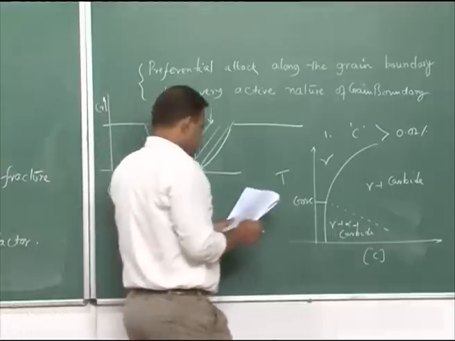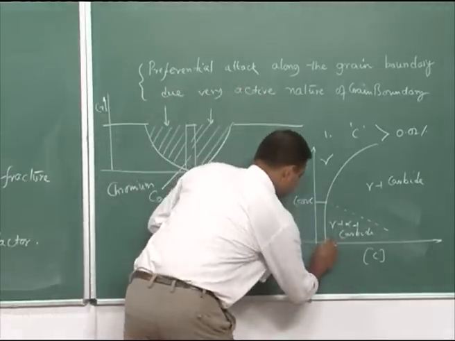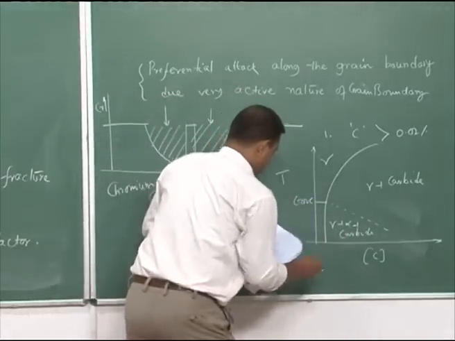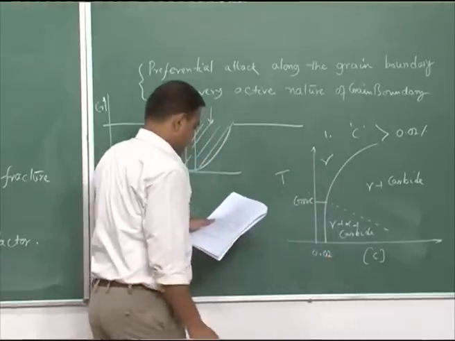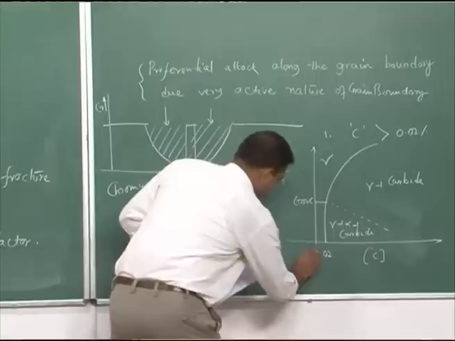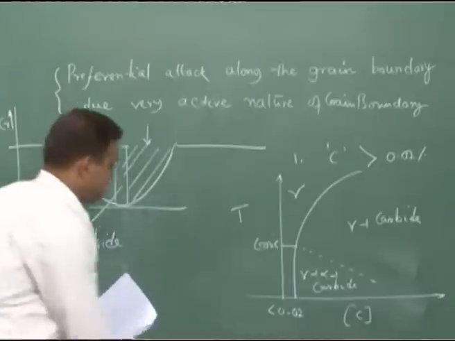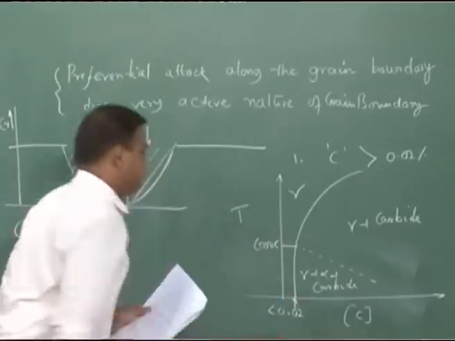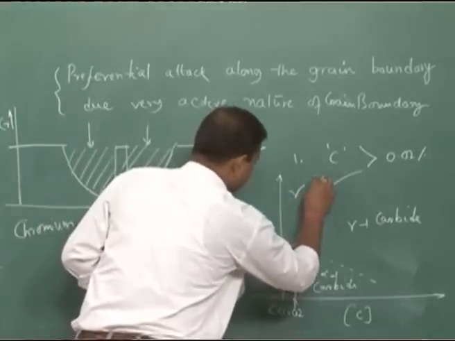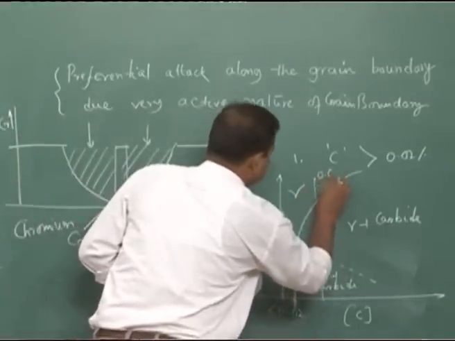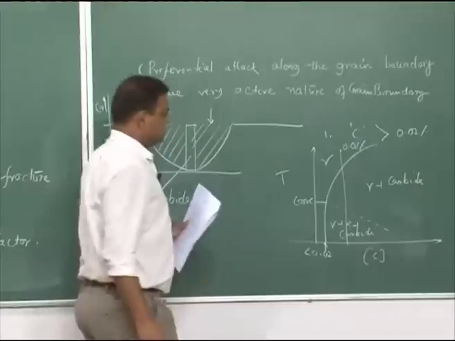Now, we are starting with a carbon content close to around 0.02 or less. This is this carbon level. Now, let us say I started with a carbon content of around 0.08%.